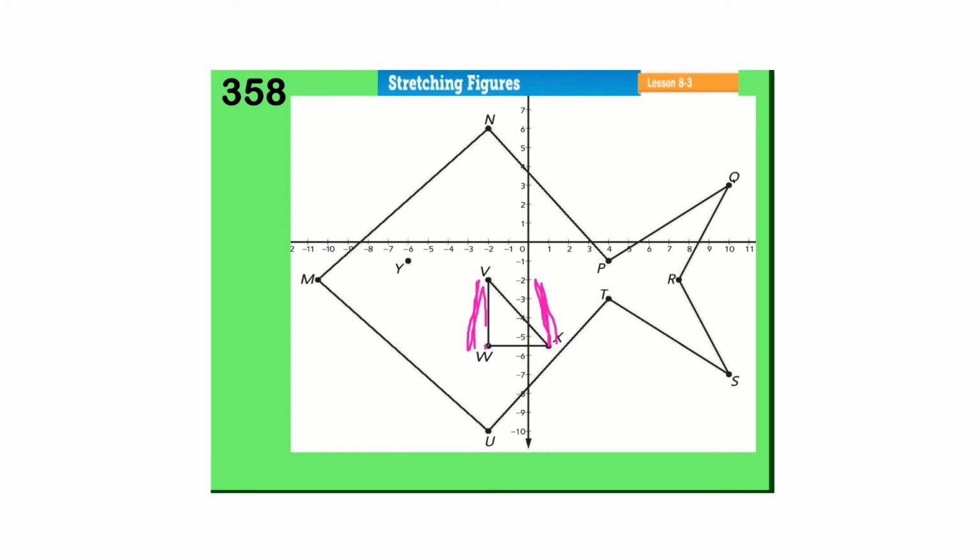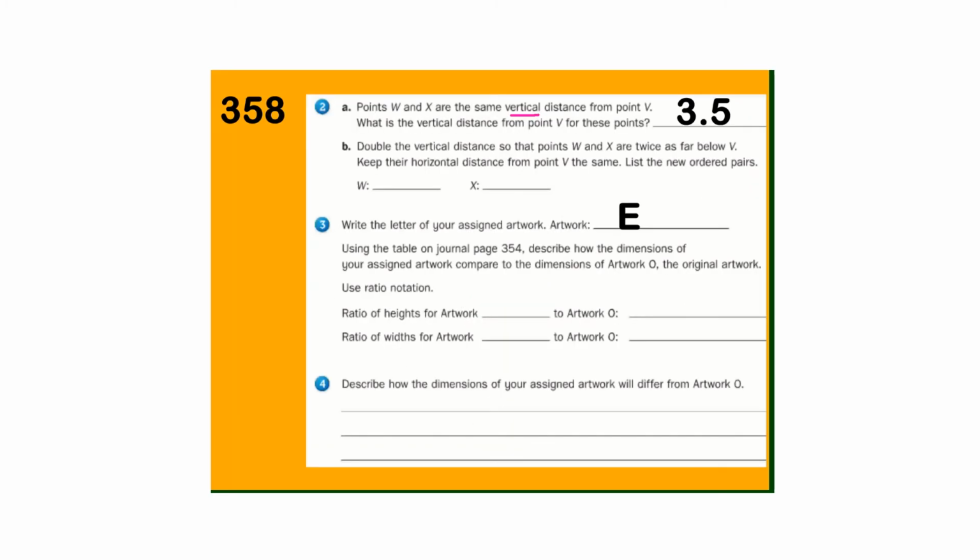So here's our half. 1, 2, 3, and here's our new point. And they want to know, where is this point? It's at -2, -9. So -2, -9 is our new point.